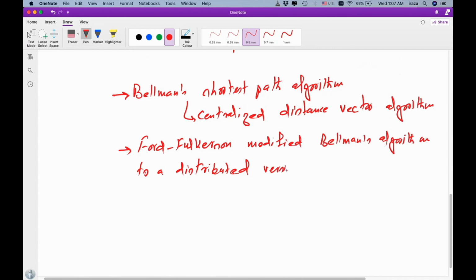And by the way, this distributed version is also known as the Bellman-Ford algorithm, right?